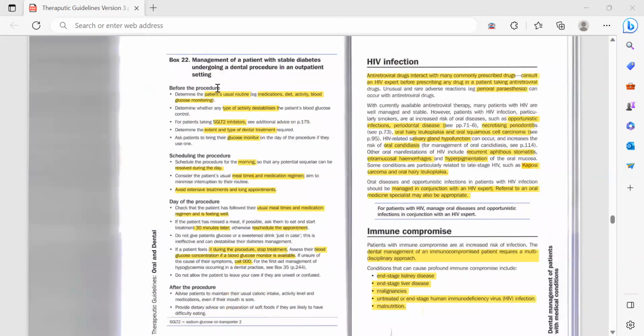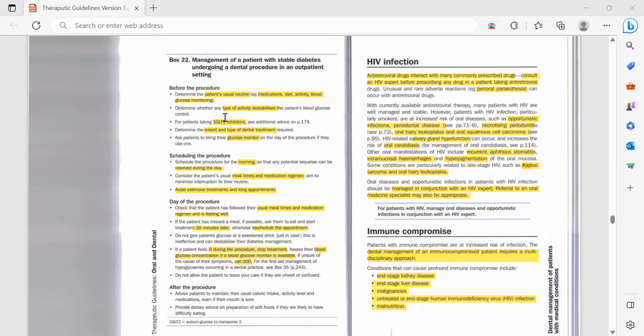Before the procedure, you need to determine their usual routine. You need to ask them, have they taken their meal? Did they take their medication on time, when was the last blood test done, and what was the reading? Have they undergone any vigorous activity or strenuous exercise or anything that can destabilize their diabetic control?